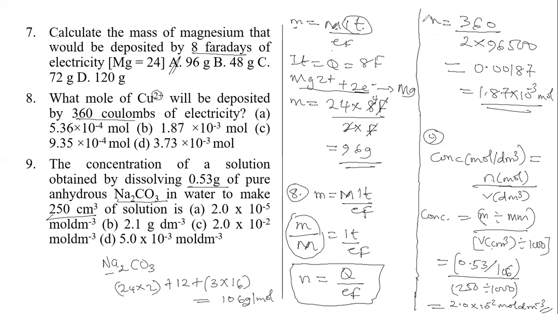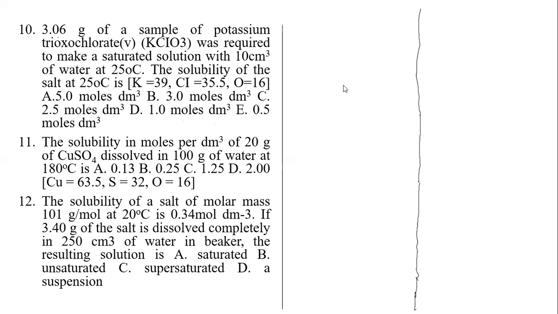Now let's go to question number 10. It says that 3.06 gram of a sample of potassium trioxochlorate 5 was required to make a saturated solution with 10 cm cube of water at, sorry, this is 25 degrees C, not 250 C. So that's 25 degrees C. It says the solubility of the salt at this temperature is what?